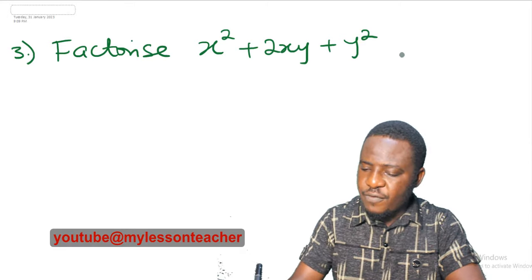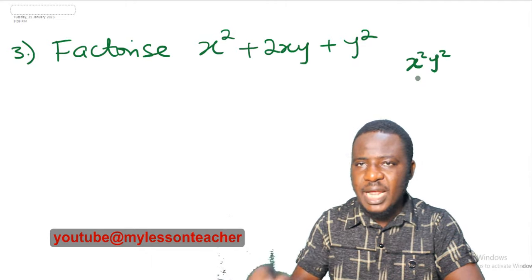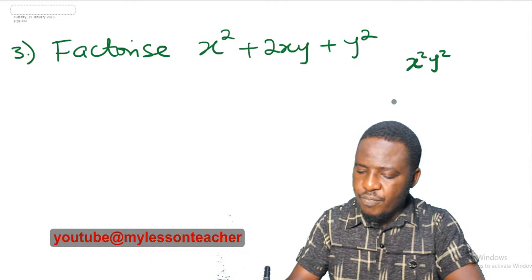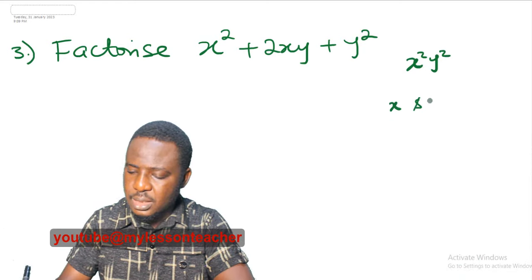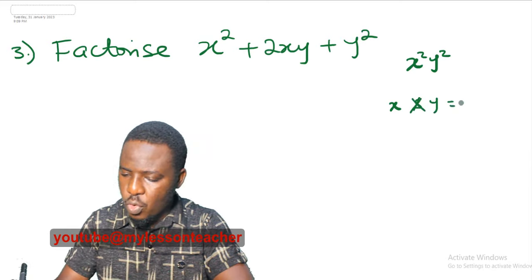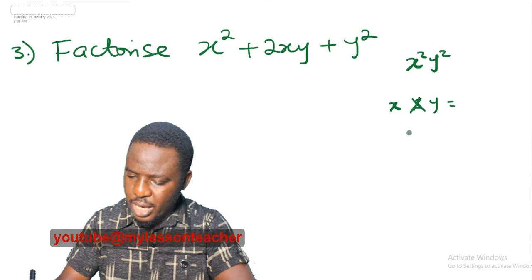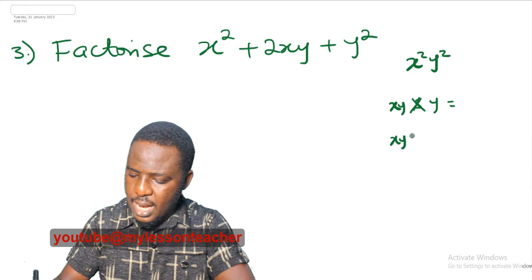So multiply the first term and the last term, you have x squared y squared. So look for those two terms that when you multiply them together, give you this. You have x and y. That's x times y will give you this. So those two terms are xy and xy.